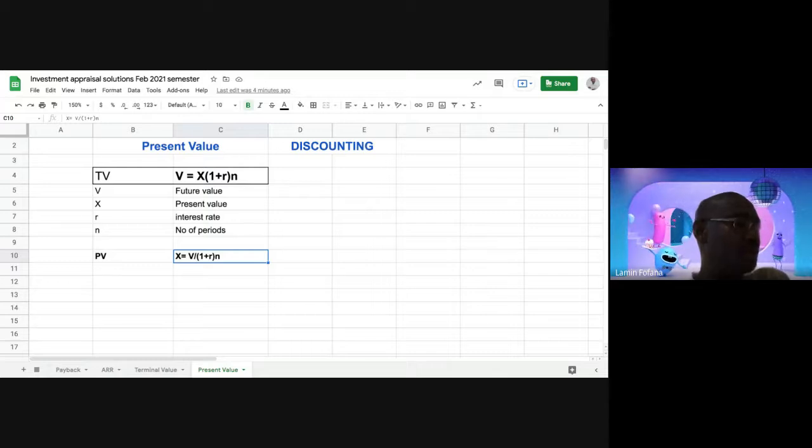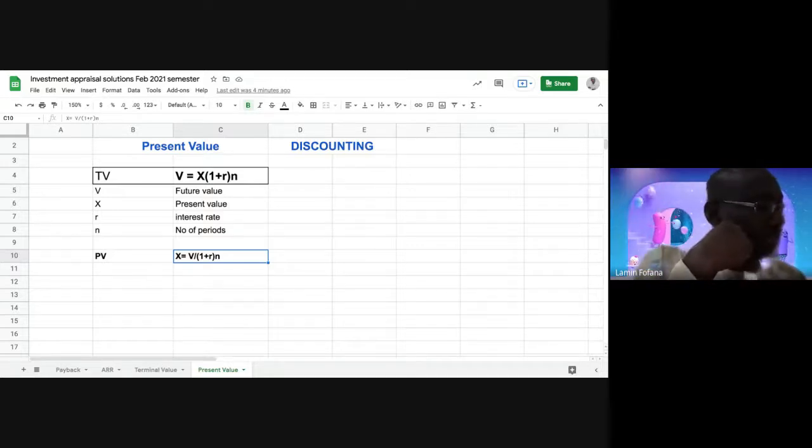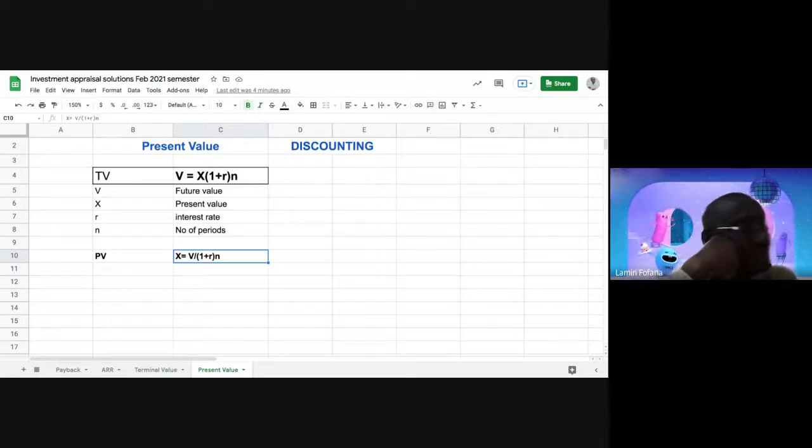Good. So let's look at this example on page 8, I guess. It says, if a company expects to earn a compound rate of 10% on its investments, how much will it need to invest now to have the following investments? 11,000 after 1 year, 12,100 after 2 years, 13,310 after 3 years.